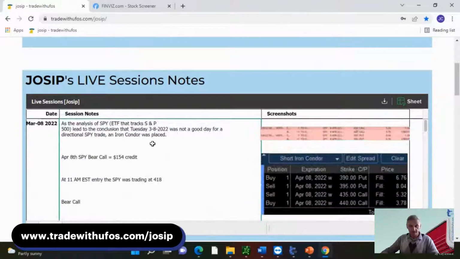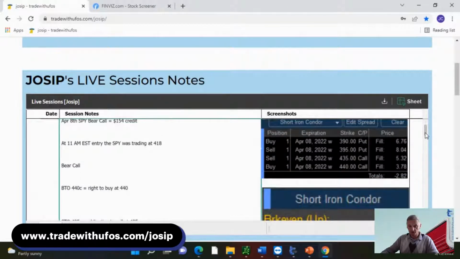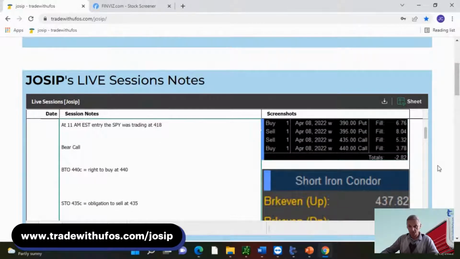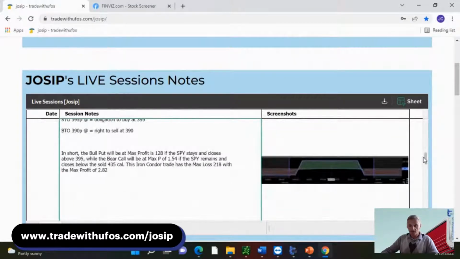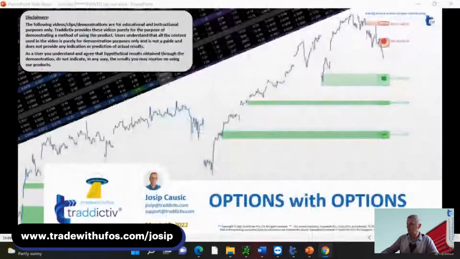The trade is broken down here in detail. Over here are the Thinkorswim snapshots. Over here is a snapshot of what the trade was filled at, an explanation of how much credit was taken in, how much was being risked, and of course the risk graph. So once again, the notes that I will be doing will be present right there, and you will be able to see that.